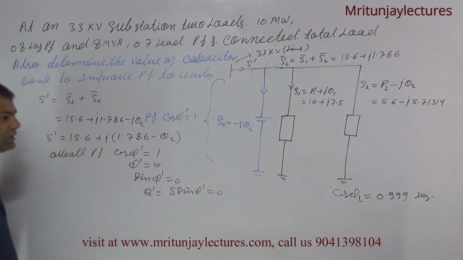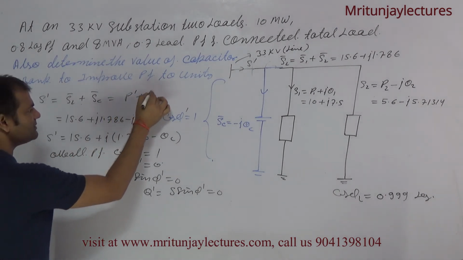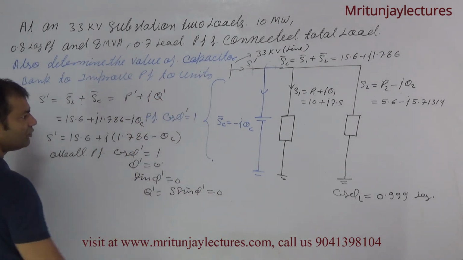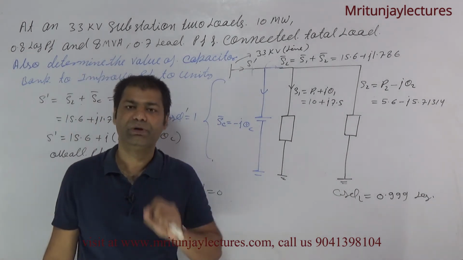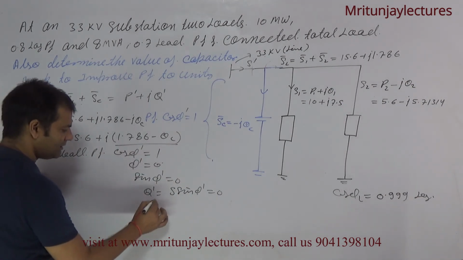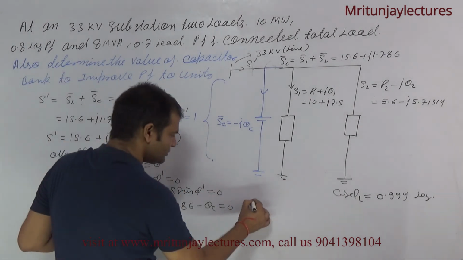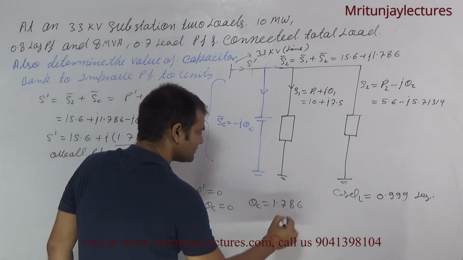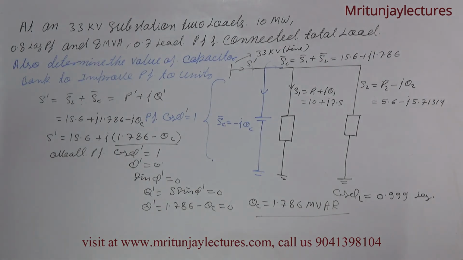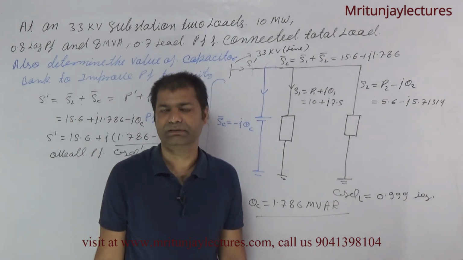So P dash plus j Q dash has zero imaginary part because the power factor is unity. If Q dash is 0, it means 1.786 minus QC is equal to 0. What about QC? It is 1.786 MVAR. That is the final answer.